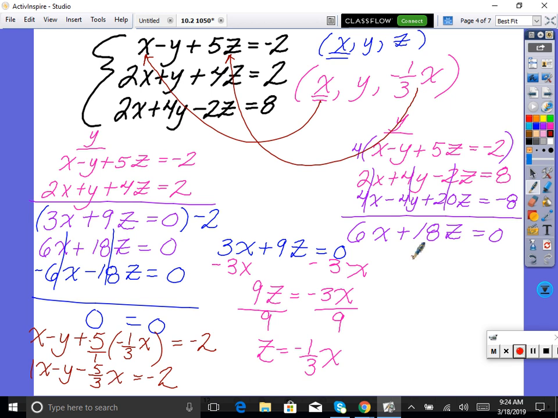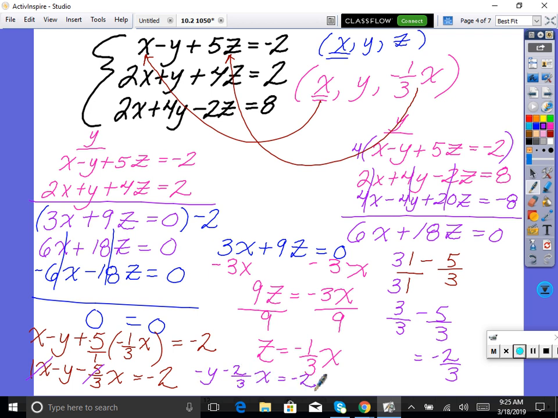So I'm going to do the math right here because I have room. 1 minus 5/3. I would have to get a common denominator because my calculator can't give me answers. So that would be 3/3 minus 5/3, which is negative 2/3. So when we combine our x's, we have negative 2/3 x. So I still have negative y. Now I have minus 2/3 x equals negative 2.